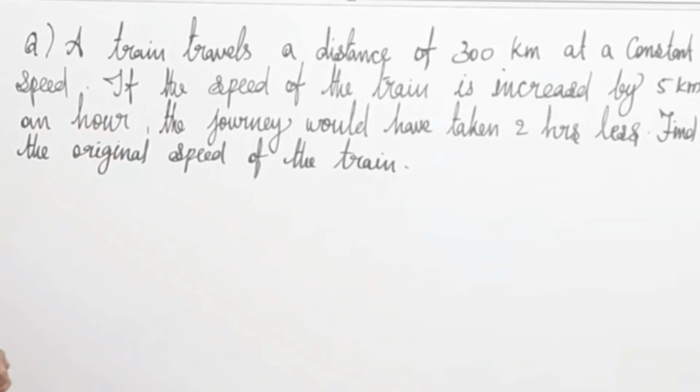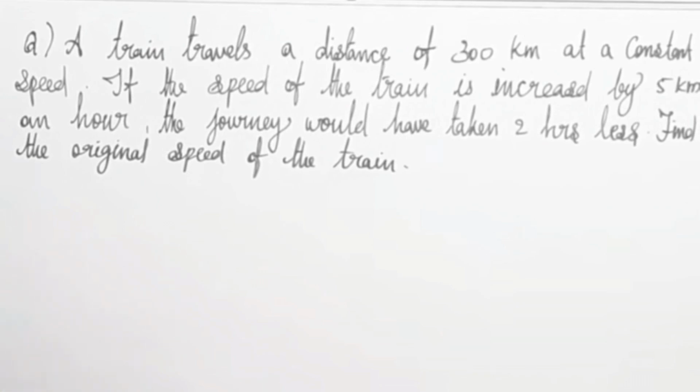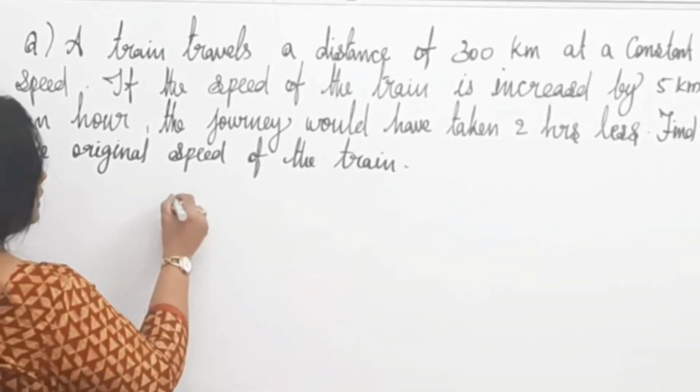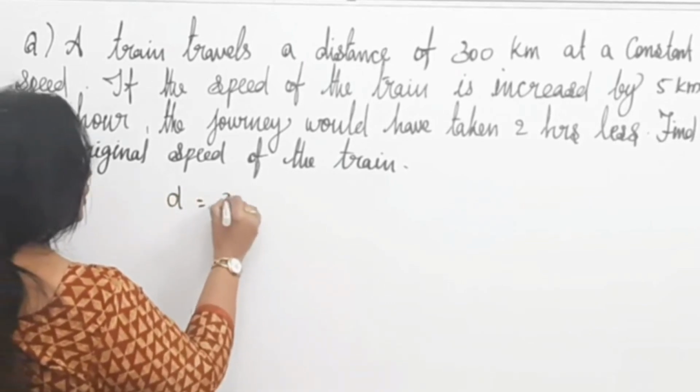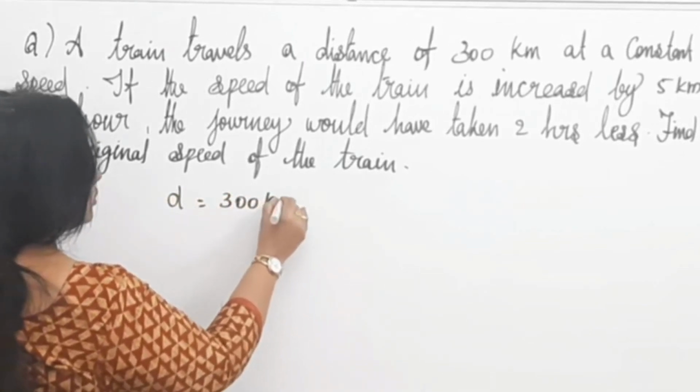A train travels a distance of 300 km at a constant speed. If the speed of the train is increased by 5 km an hour, the journey would have taken 2 hours less. Find the original speed of the train. Here, what is given? First you will write it. That is, distance is equal to 300 km.